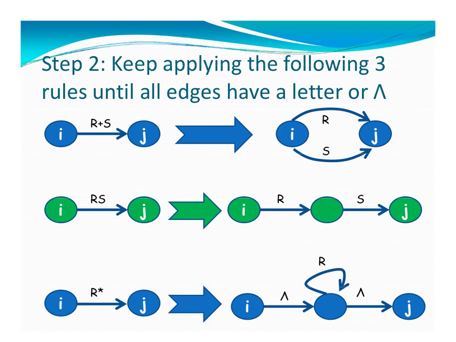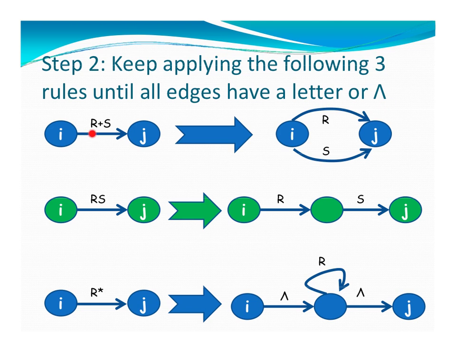So step 2 of our procedure says you take regular expressions that are shown in your graph, like the one we just wrote at the top of the line, and you convert them into simpler and simpler regular expressions until every edge has either a letter, in other words, a symbol in your alphabet, or a lambda.